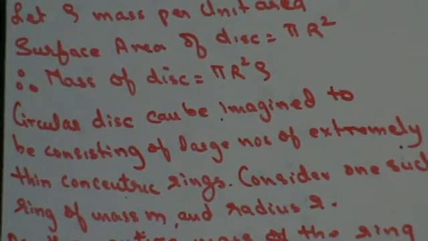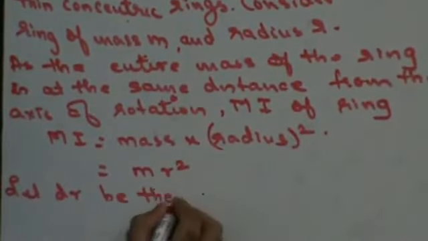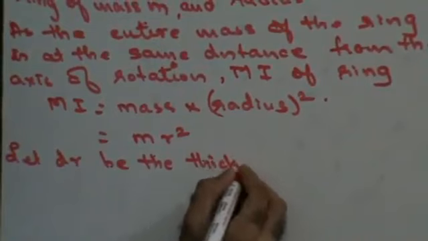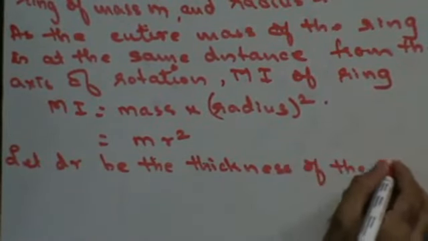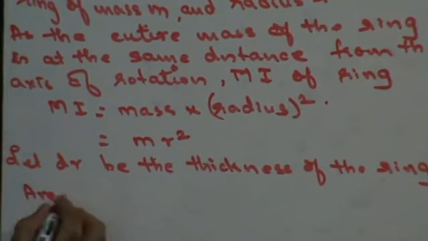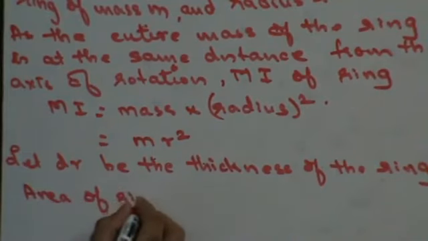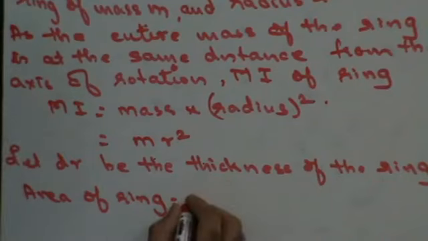Now let us assume, let dr be the thickness of the ring. If dr is the thickness of the ring, then I can say that the area of the ring is going to be nothing but the circumference into thickness.